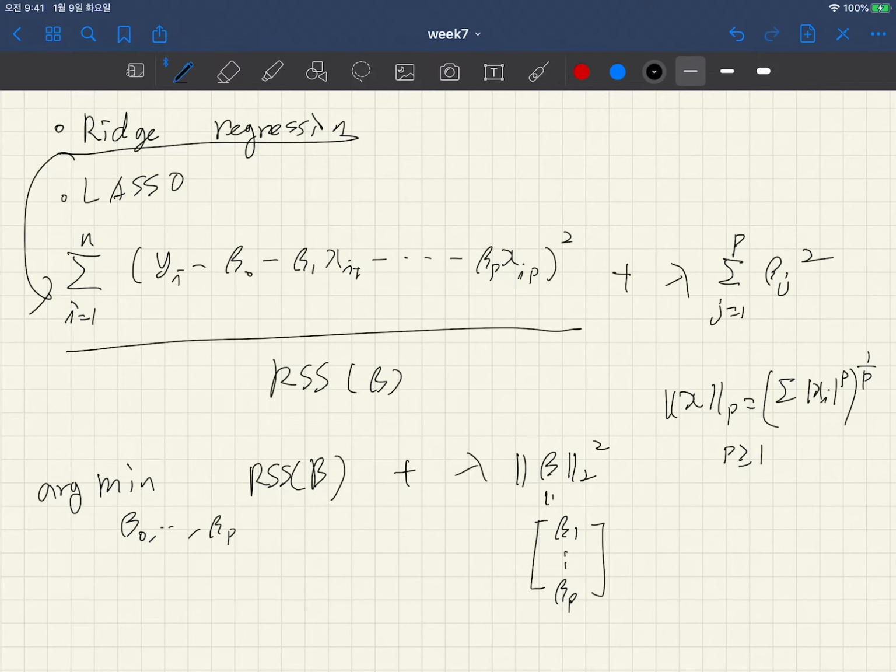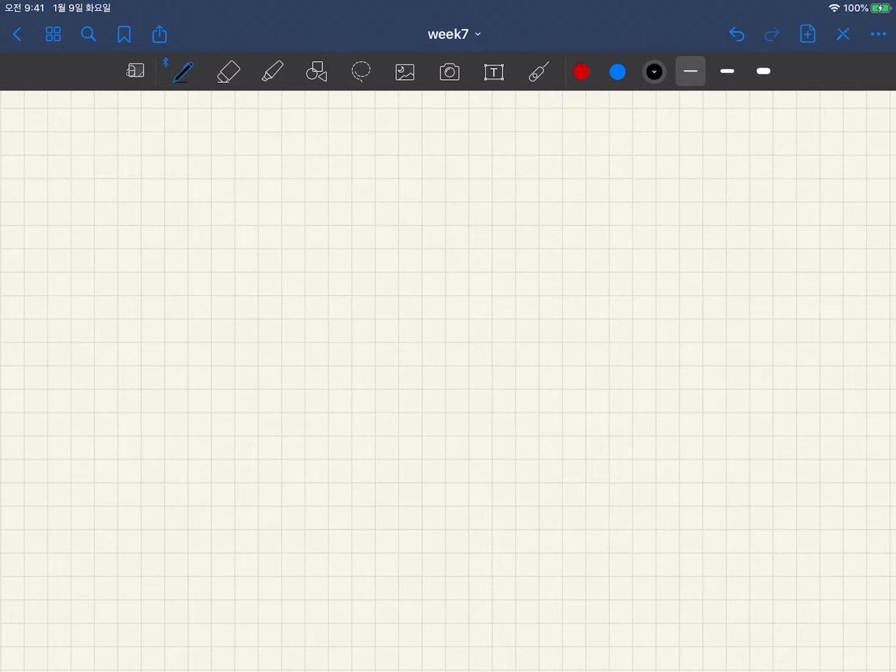Okay, so this is Ridge regression, and LASSO is pretty much the same.